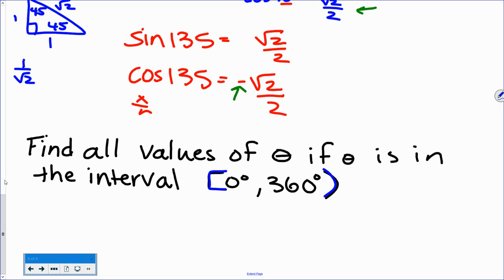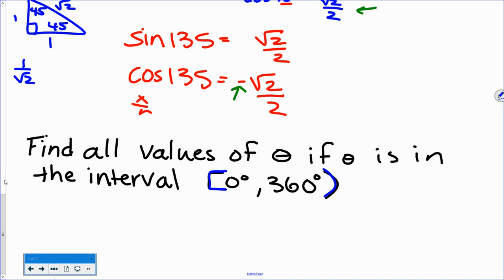So what that's saying is you can make one revolution around without repeating the same angle, because 0 degrees and 360 degrees is the same exact location. All right, so you'll see that it's just talking about one time around the circle. Otherwise, if it doesn't say that, technically you can go around and around forever and ever and have unlimited answers.